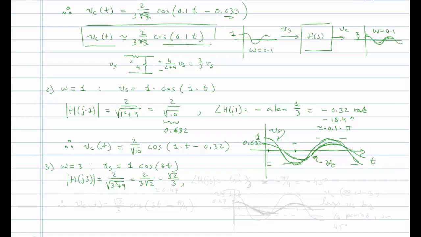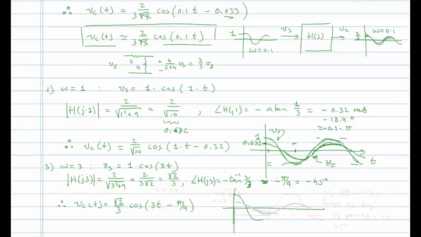And the angle h of j3 is going to be equal to minus the arctan of 3 over 3, which is equal to minus pi over 4, or minus 45 degrees. So therefore, the steady-state capacitor voltage response is square root of 2 over 3 cosine of 3t minus 45 degrees, or pi over 4.